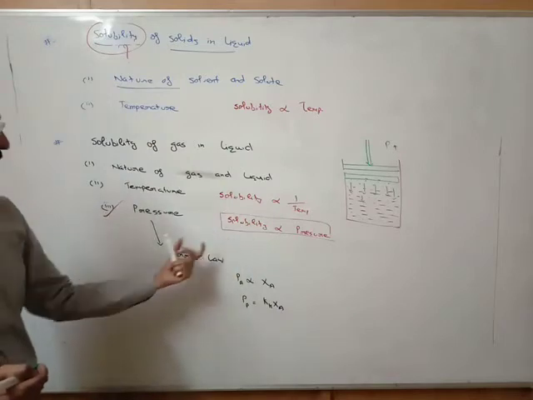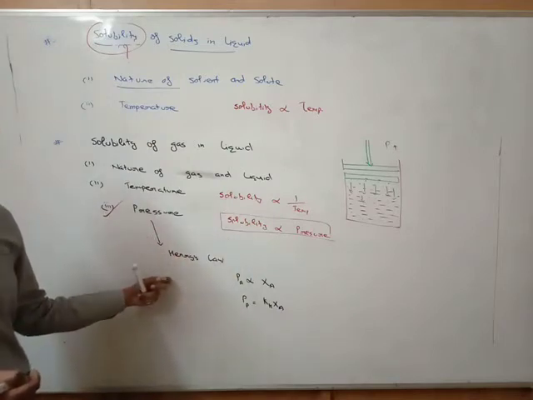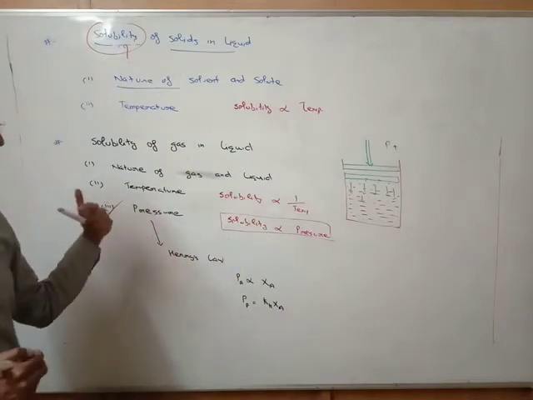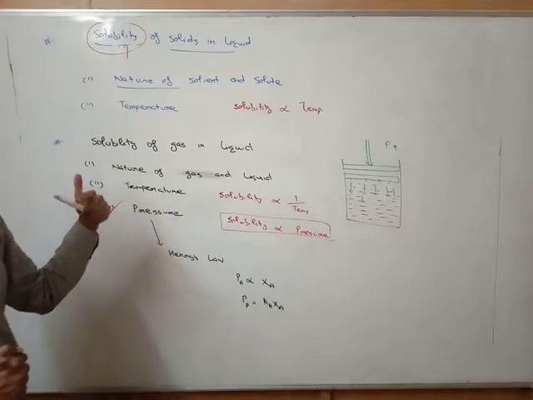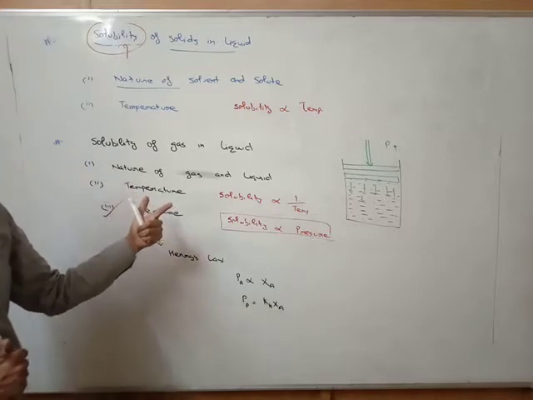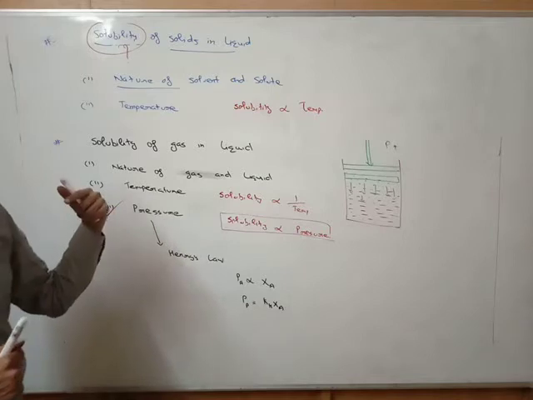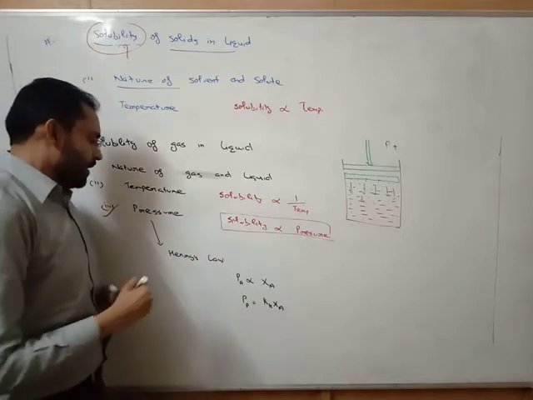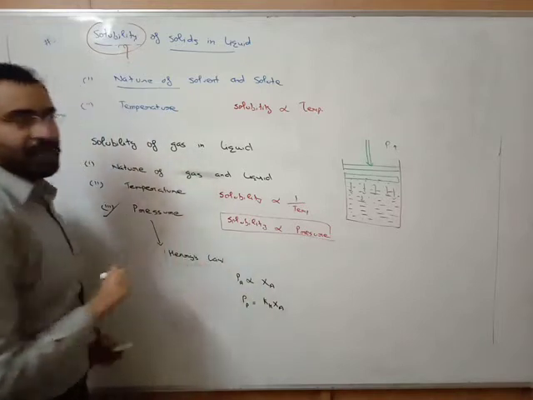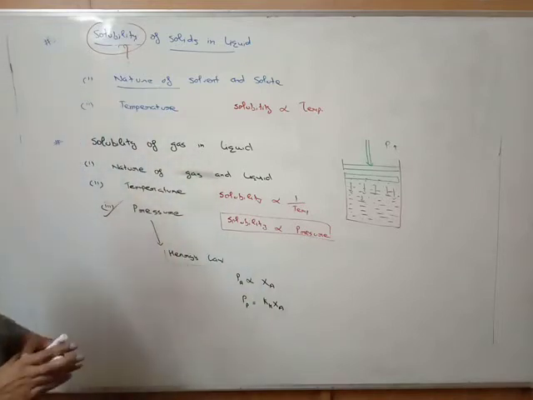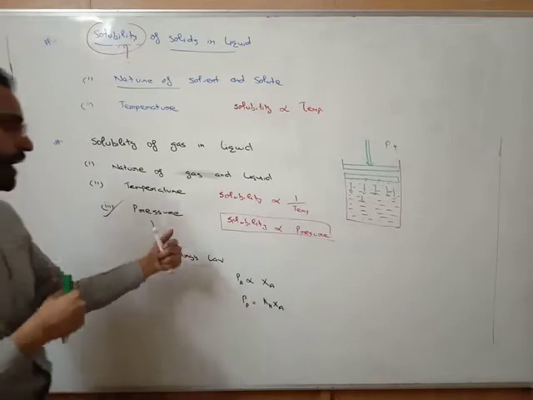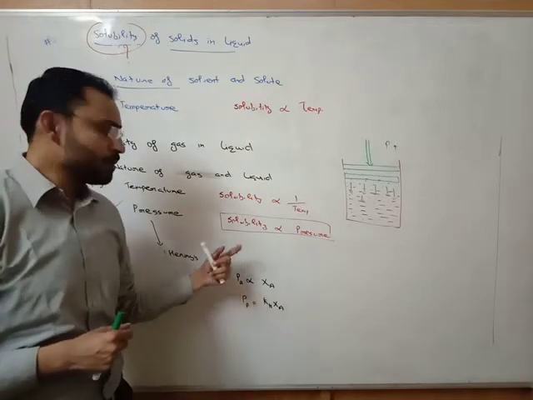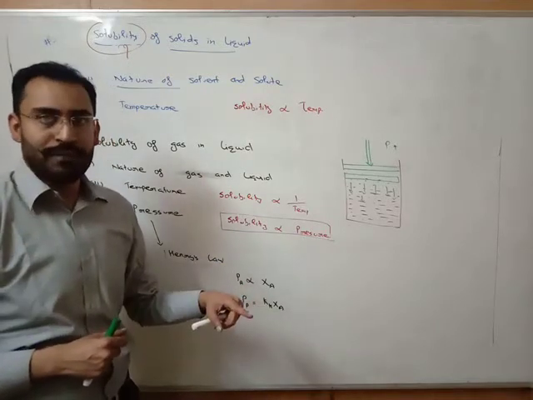This is the statement of Henry's law. What Henry's law states is that solubility of a gas is directly proportional to its pressure. Okay. Second statement of Henry's law is that partial pressure of a gas is directly proportional to its mole fraction in solution.